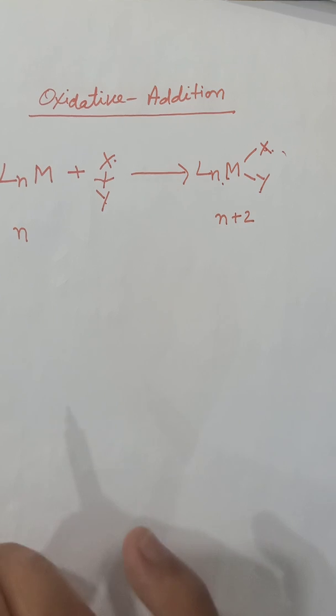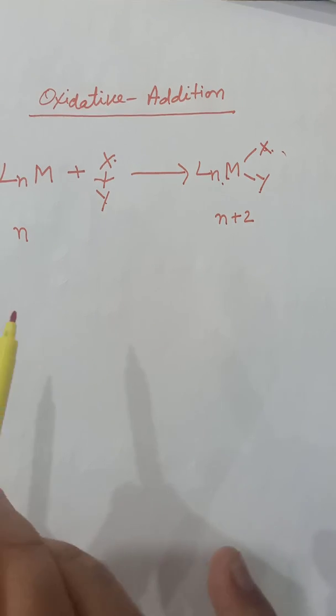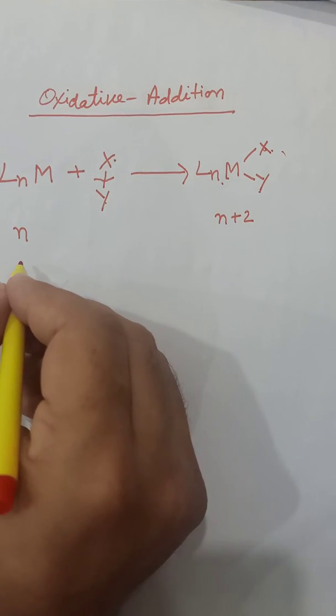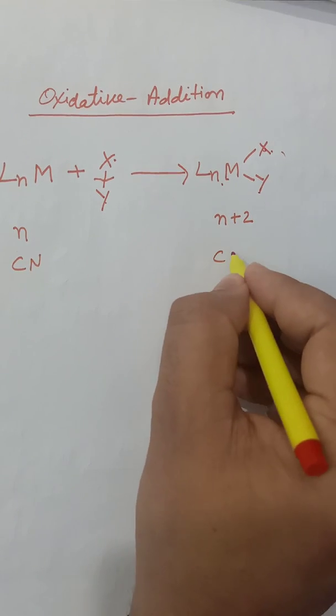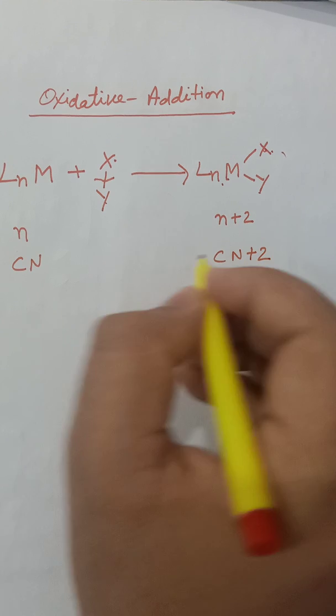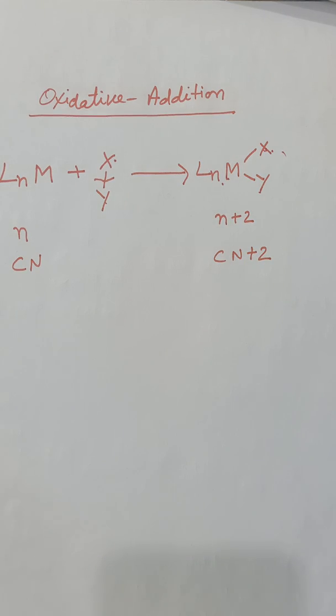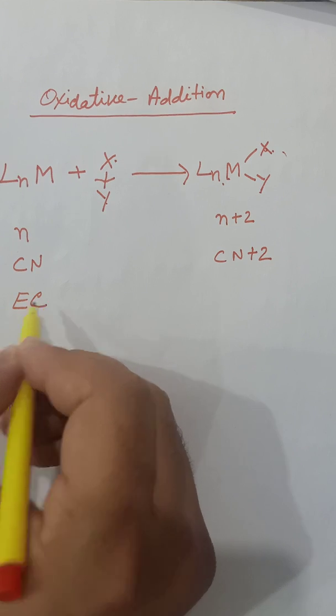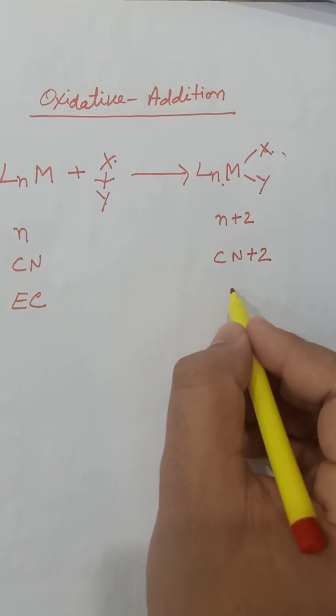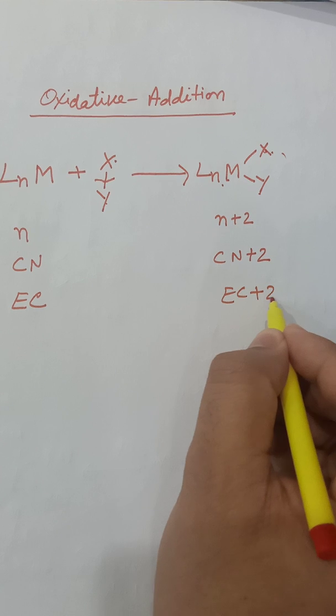Also, the coordination number of the complex is increasing by +2. If the coordination number here is Cn, then the coordination number in this complex will be Cn plus 2. Along with this, the electron count of the complex is also increasing by +2 in this case. If here the electron count is EC, here it will be EC plus 2.